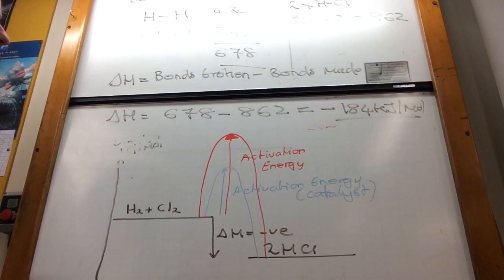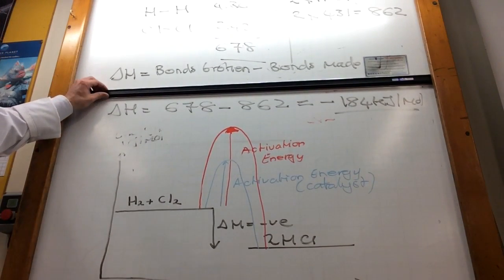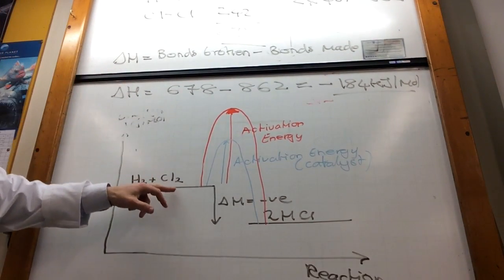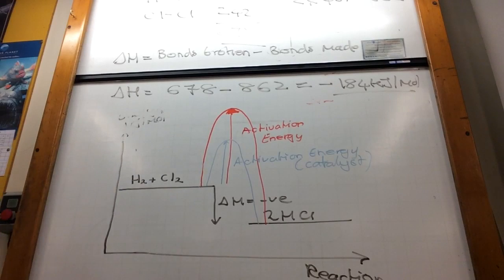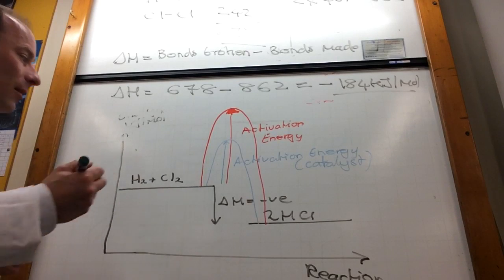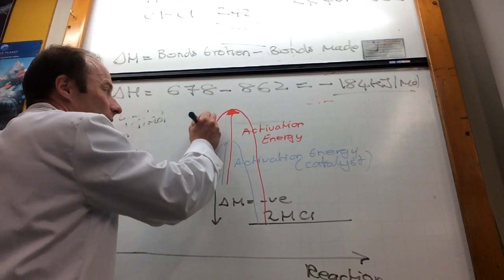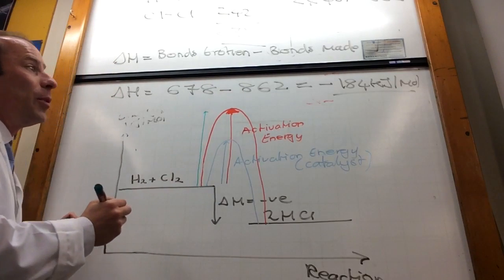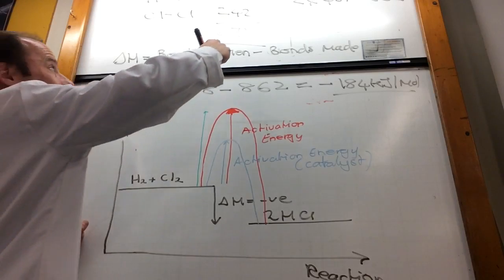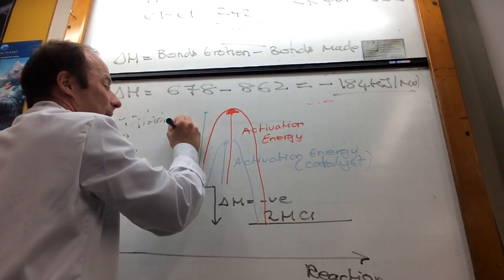So, if I go back to this diagram here, which is this reaction, how big is this distance here? How much energy did it take to break all those bonds? 678.